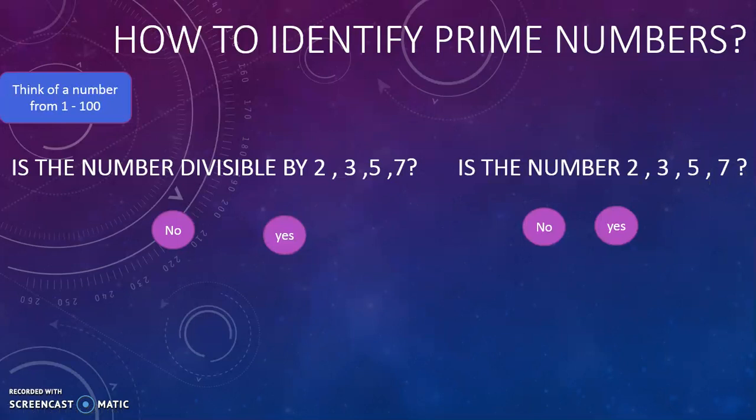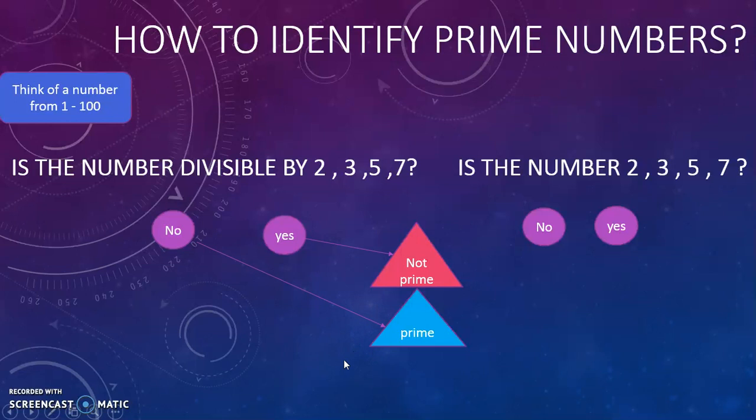No, it is not 2, not 3, not 5, not 7. It's 13, so the answer is no. There are columns, prime and not prime, for the meaning of our answers. If the answer is yes, it is prime. If no, it might be prime, and we can't say that it's not prime.